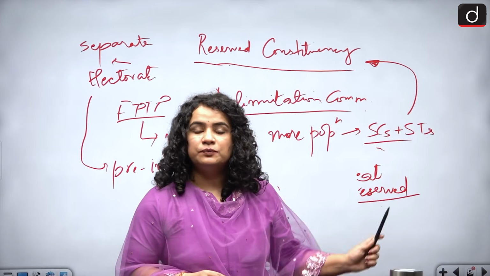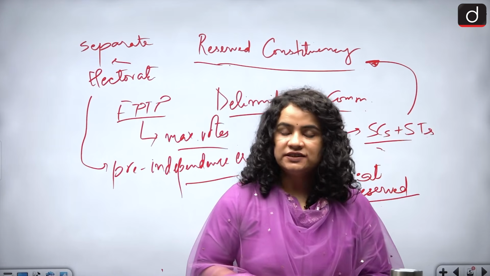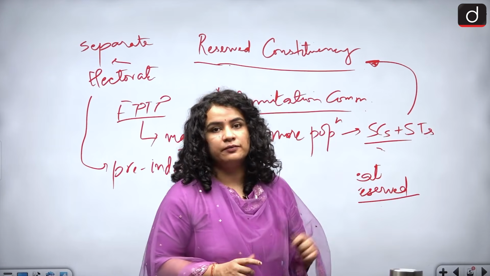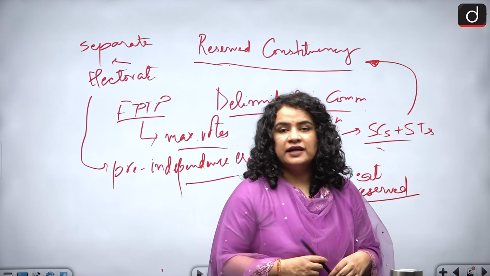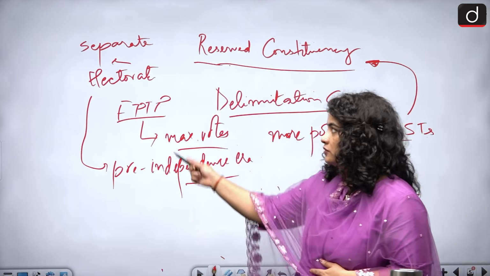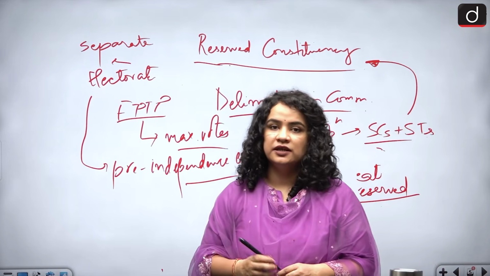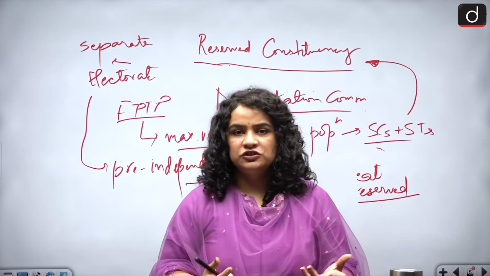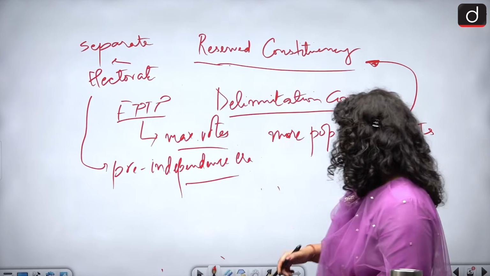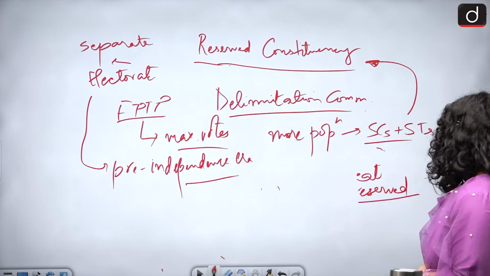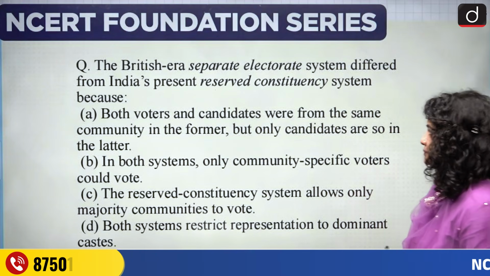The candidate will represent all the people in the constituency and not only his community. And that came up as a perfect solution to the concept of separate electorates, which was introduced by, or suggested by, the British. Now, with this background, let's try and look at our question.